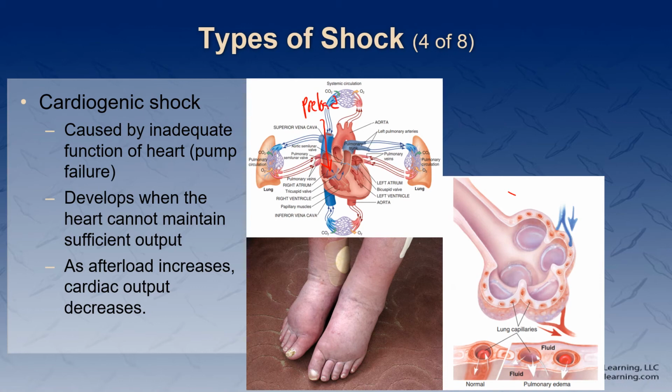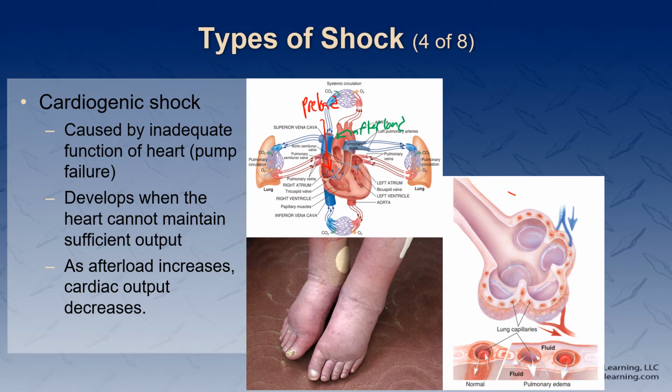Afterload is the load or the pressure on the heart. So the afterload is the pressure after the heart. And why that's important is the heart has to squeeze harder than the afterload to generate forward flow, right?